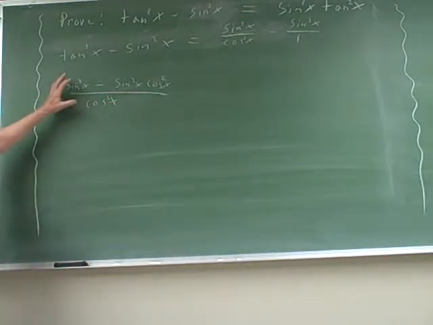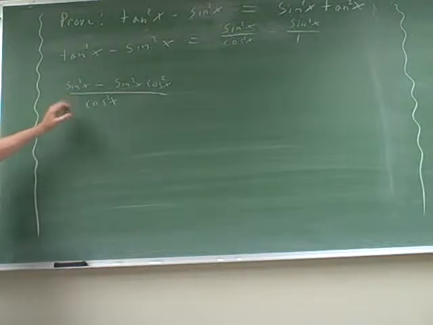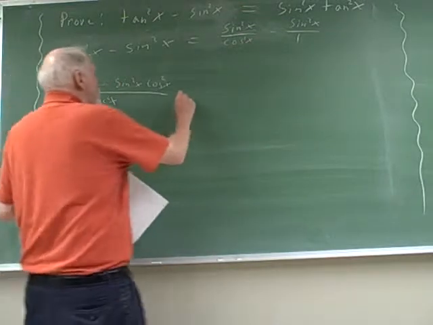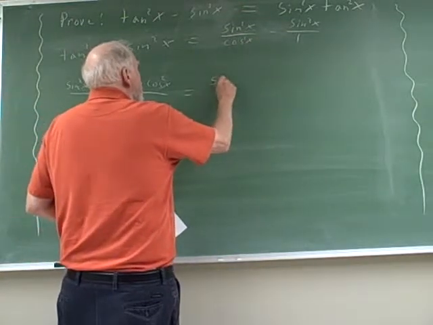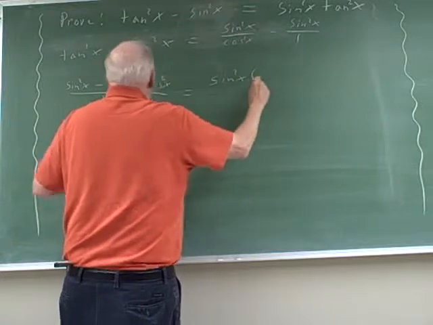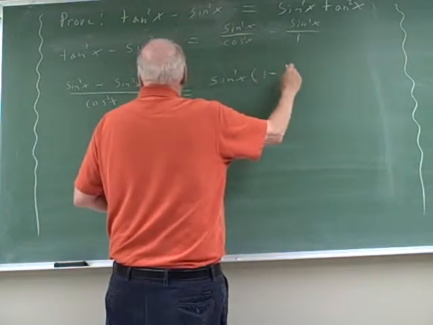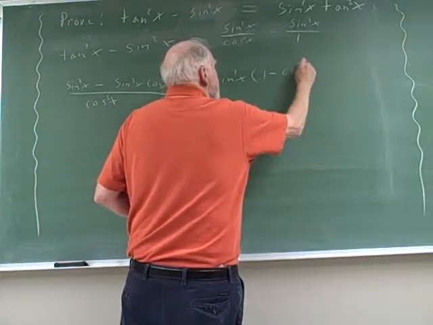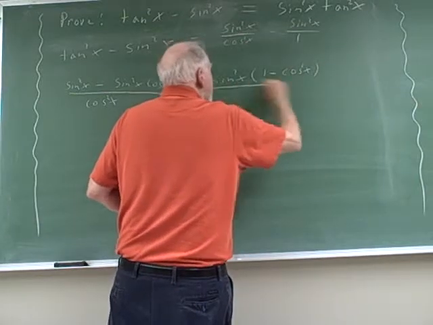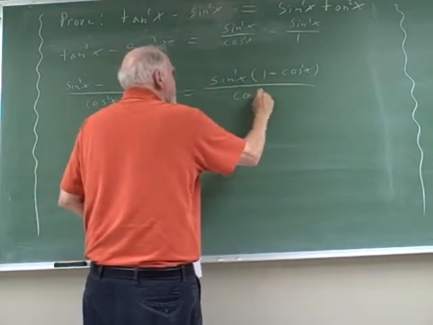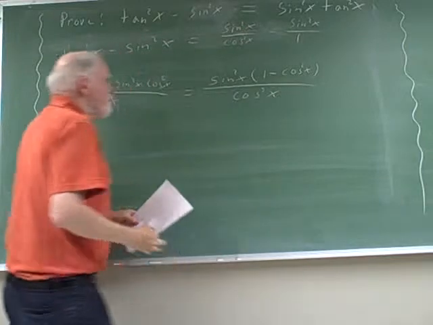Now, what I want to do is come up with a product, and one way to come up with a product is to factor. So I think I'm going to factor the sine squared out of here. I'm going to hope for something really good. And if I do that, I get 1 minus cosine squared x, and all of that is over the cosine squared x.